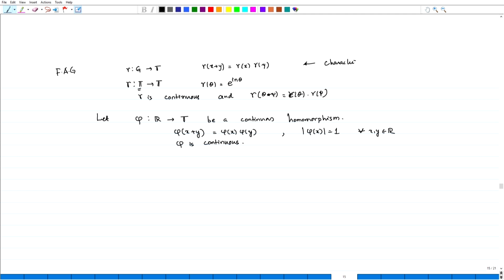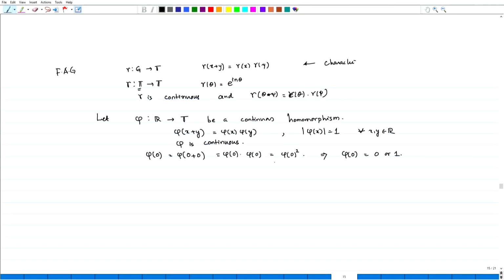Okay, so from here one thing we can observe is that phi of 0 is equal to phi of 0 plus 0, which is equal to phi 0 times phi 0, which is phi 0 squared. So, this implies that phi 0 is equal to 0 or 1, and because phi is a map to the unit circle, phi 0 cannot be 0.